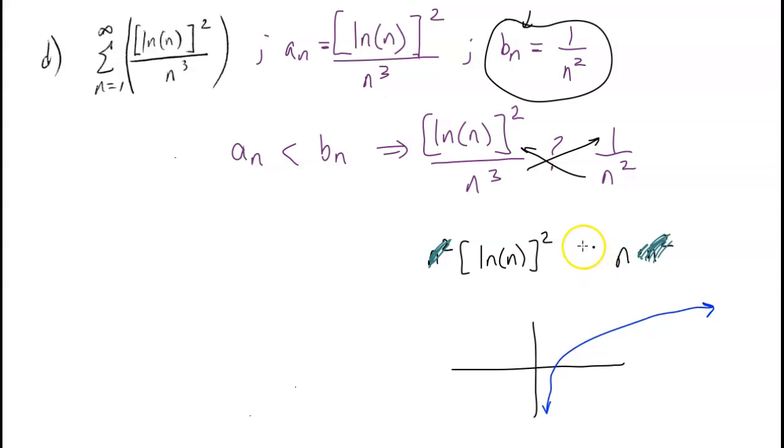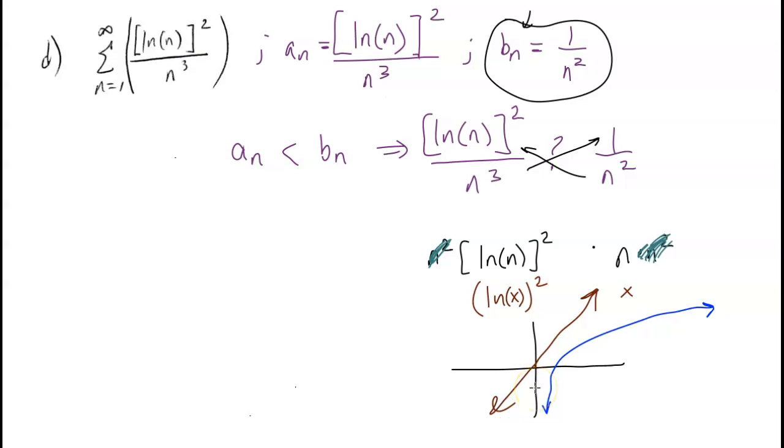If I was to graph y equals n, and really I'm thinking about this as natural log of x squared in x here. This blue graph represents natural log of x, and then we square that. So if we look at y equals x, that graph is going to look like this.